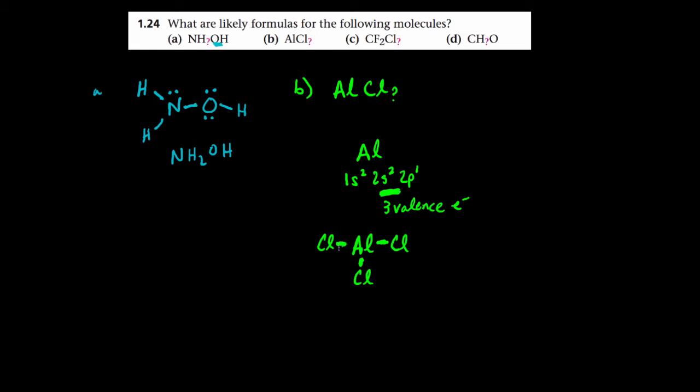In this particular case, the aluminum is neutral, has no formal charge, and we'll get to formal charge in the next chapter. But in this formula, aluminum trichloride, AlCl3, the aluminum is only surrounded by 6 electrons total in its outer shell, 2, 4, 6. So it doesn't have a full octet, which kind of explains the high reactivity of aluminum chloride.